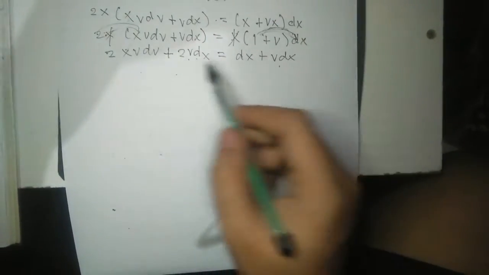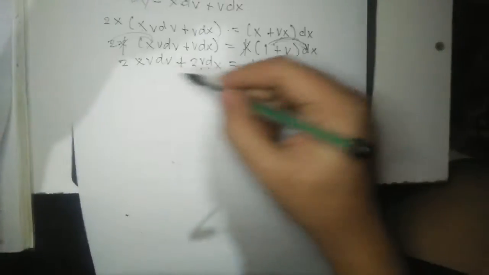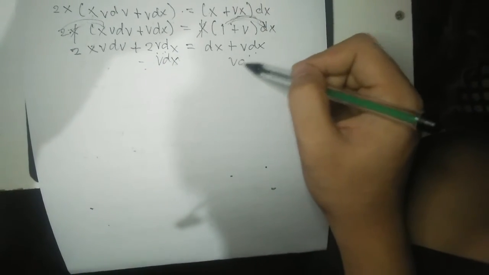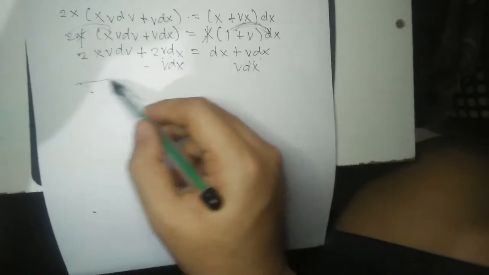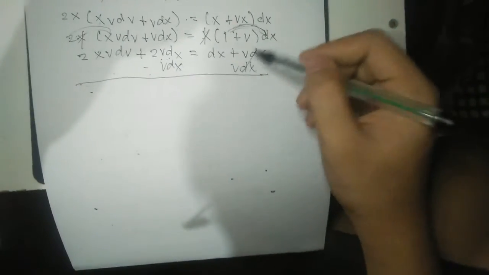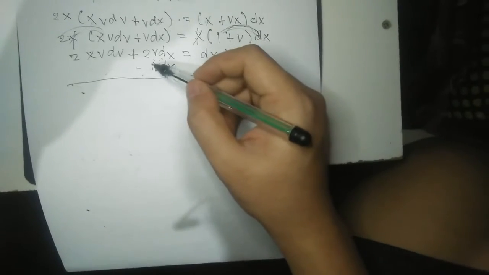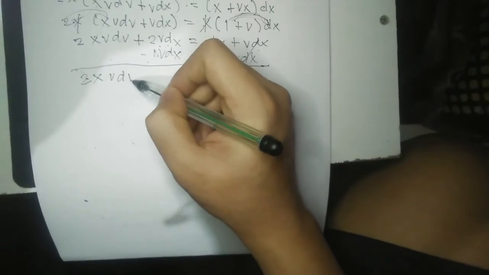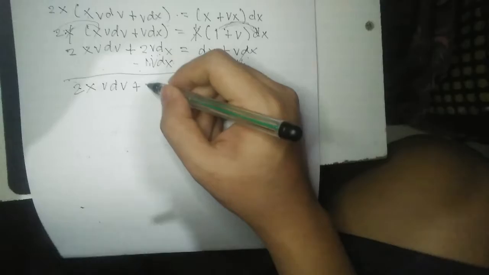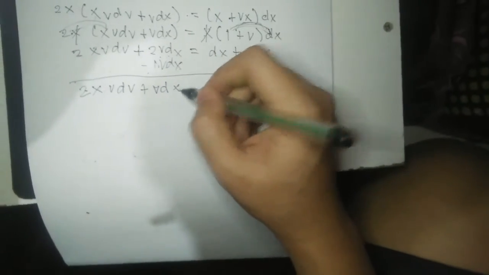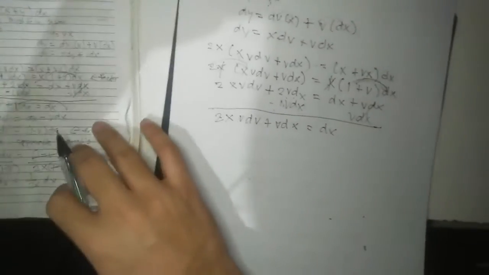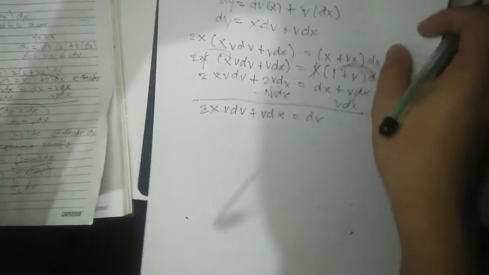As we can see, it has a common term, so subtracting v dx from v dx cancels it, and the other v dx has a constant of 1, so it becomes simply v dx equals dx.